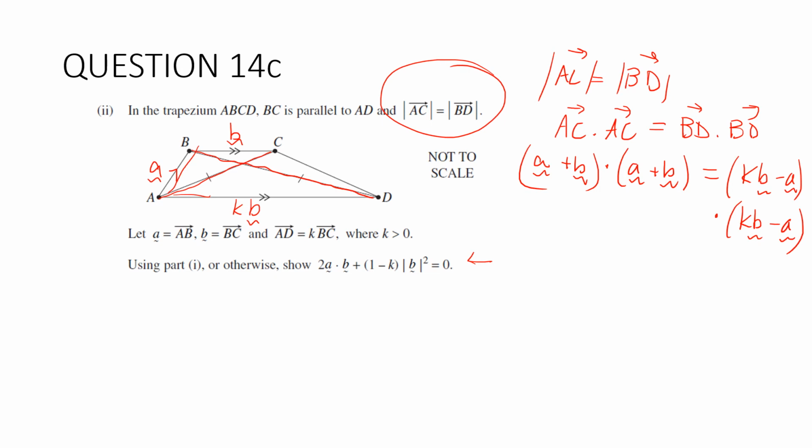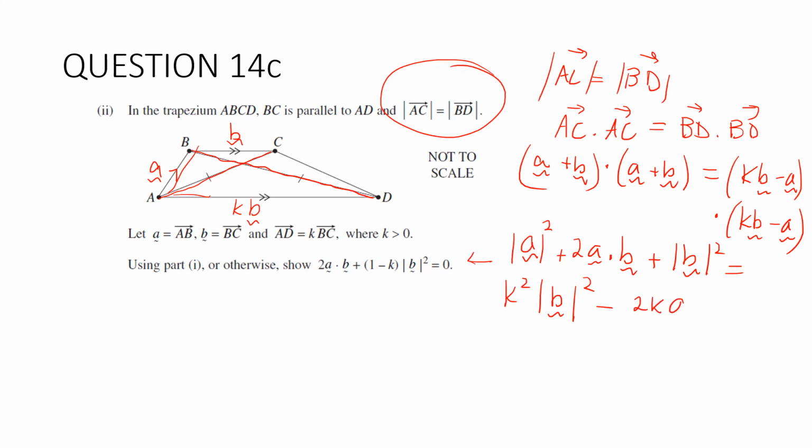Expanding, we get A dot A, which is magnitude of A squared, plus 2A dot B plus magnitude of B squared is equal to K squared magnitude of B all squared, minus 2K A dot B plus magnitude of A squared.